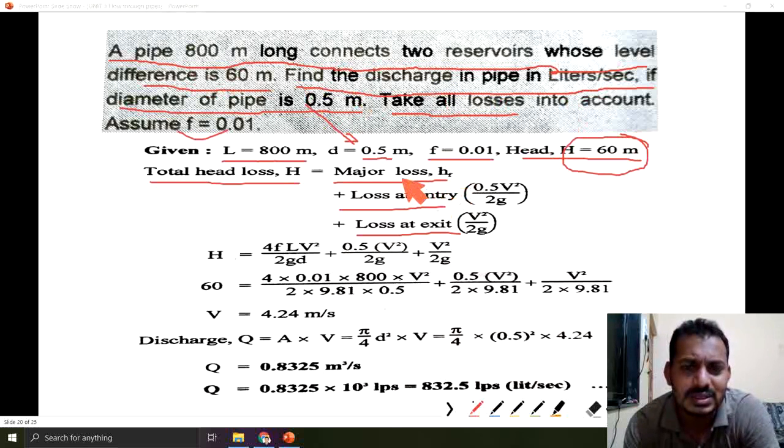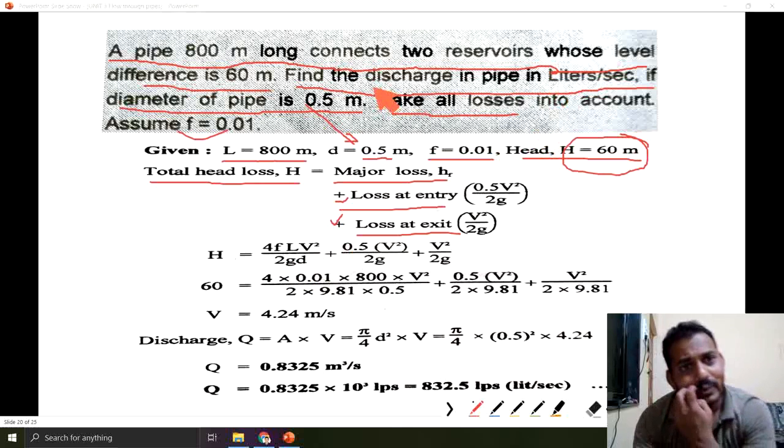So we need to consider major losses, and in minor losses we are considering the loss at the entry and the loss at the exit. We know the formula for the loss at entry is 0.5 v square divided by 2g, and the formula for the loss at exit is v square divided by 2g. And the major loss formula is 4FL v square divided by 2gD.